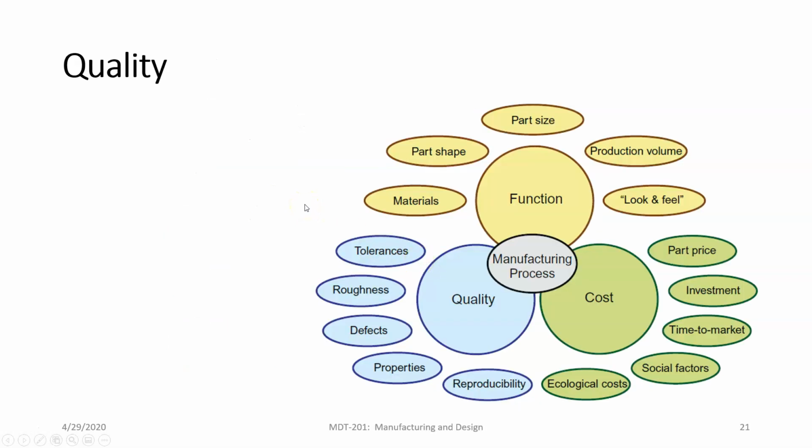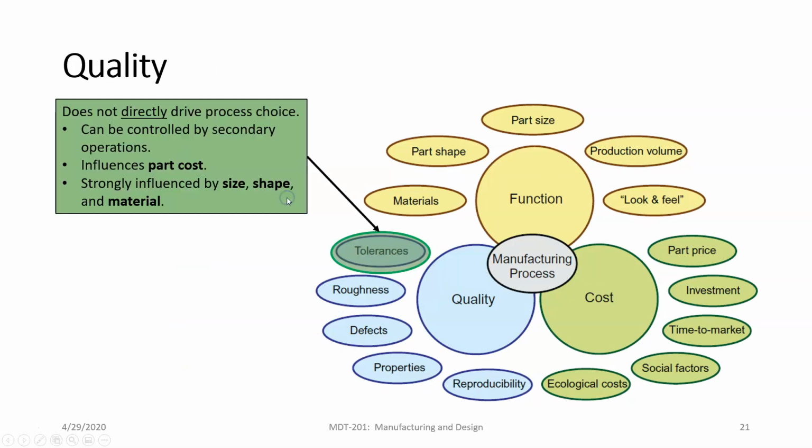All right, moving on to the quality attributes. Tolerances do not directly drive process choice, but they come into play for secondary operations. They also influence part cost, right? Because catering to tighter tolerances is going to require using certain machines.